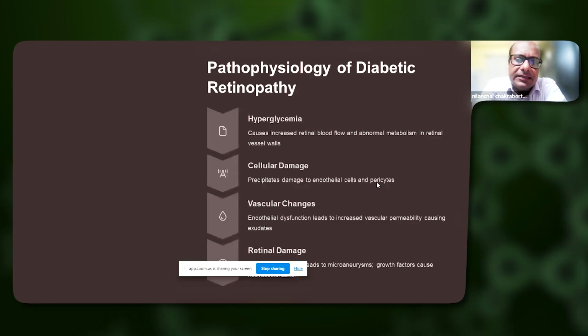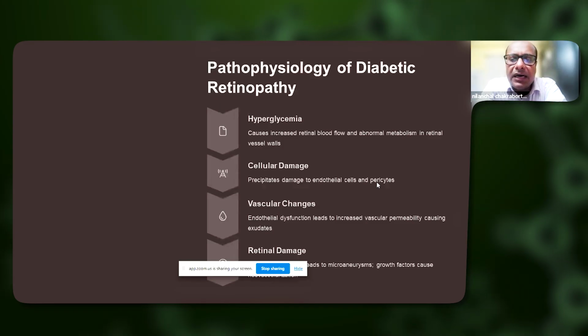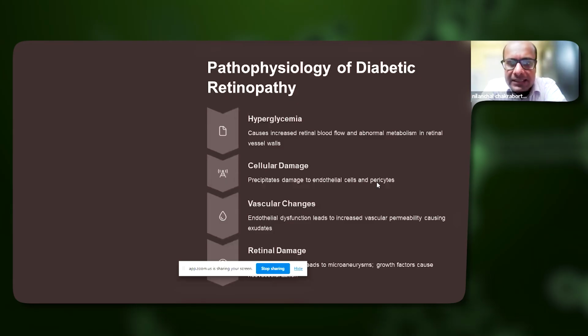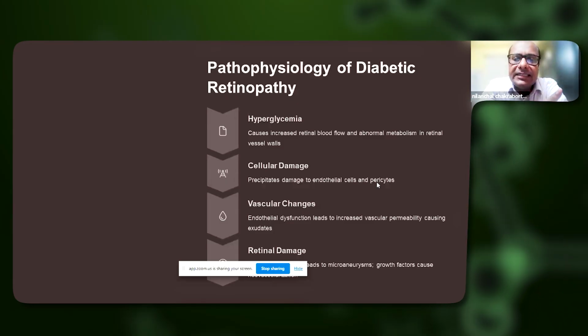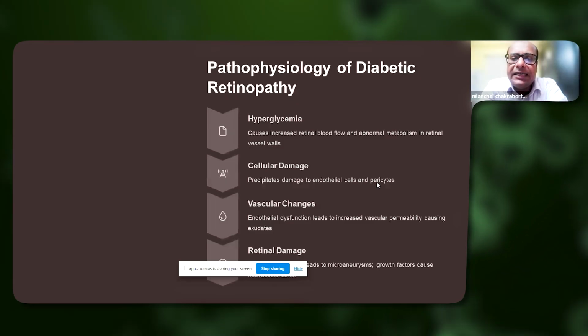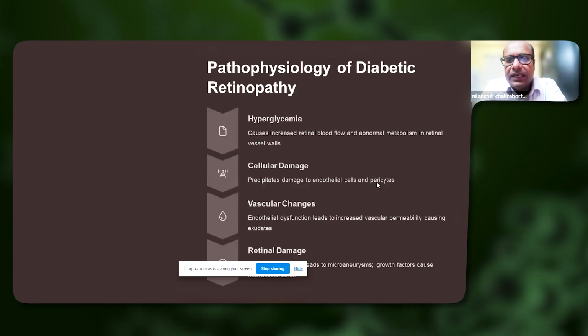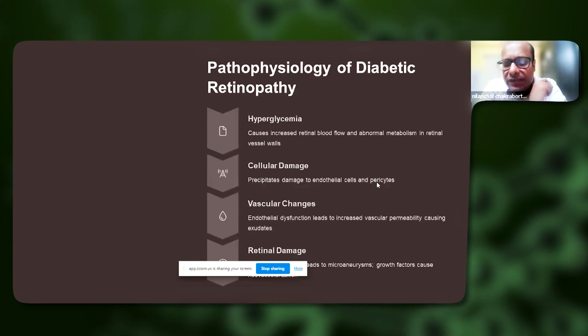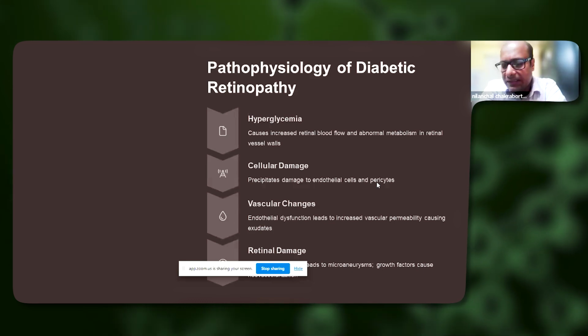If it is a single microaneurysm, multiple aneurysms, hemorrhages, gradually the severity increases, but ultimately if there is neovascularization, it goes in favor of proliferative diabetic retinopathy.